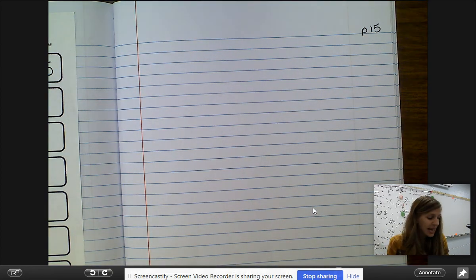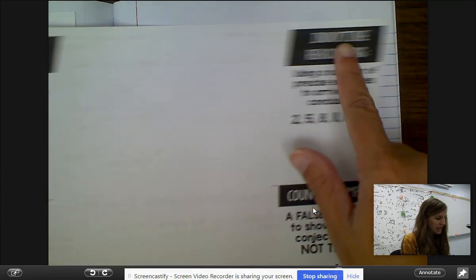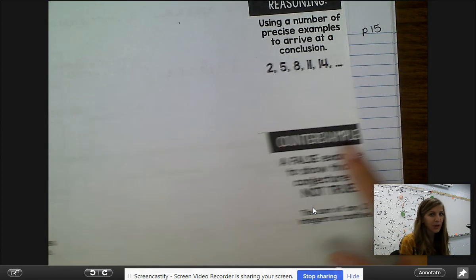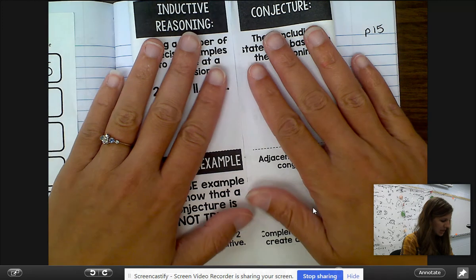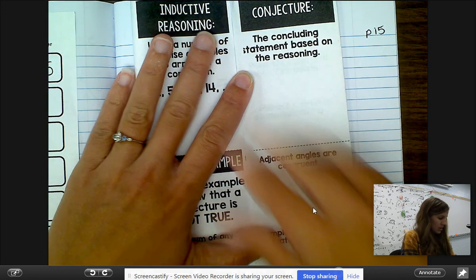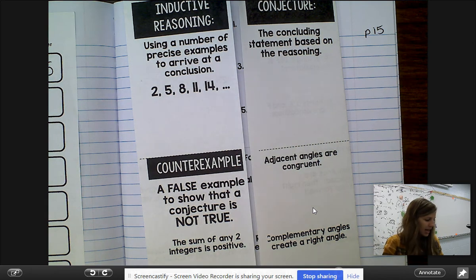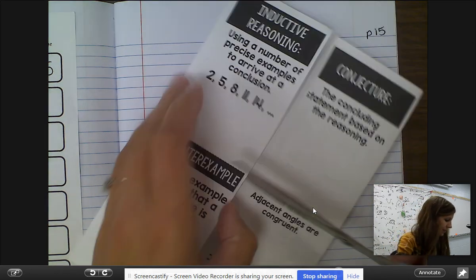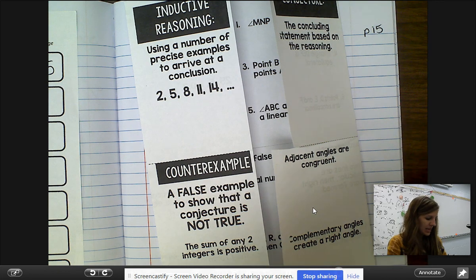And it should be the next notes in your notebook. It should say at the top, conjecture, inductive reasoning, counterexample. And if you flip it around, we're going to fold it to the middle so that we get our little French doors like this. And then if we want to cut to make some doors, that could be really cute and fun. And then tape it down.